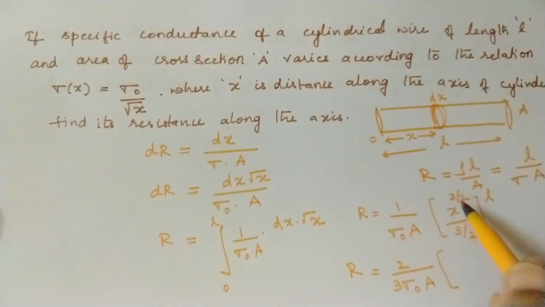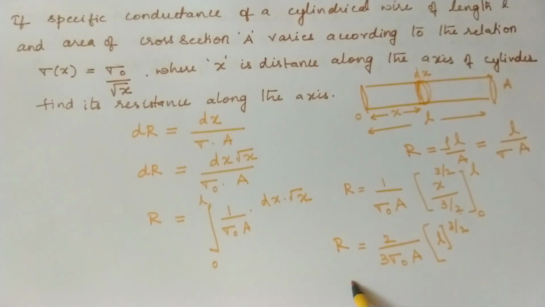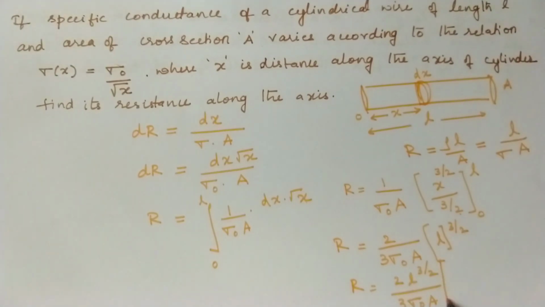X to the power 3 by 2, when you put the limits, becomes L to the power 3 by 2 minus 0. So R is equal to 2 L to the power 3 by 2 divided by 3 into sigma naught into capital A. This term will give you the resistance of this particular resistor.